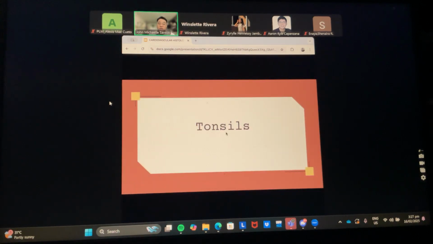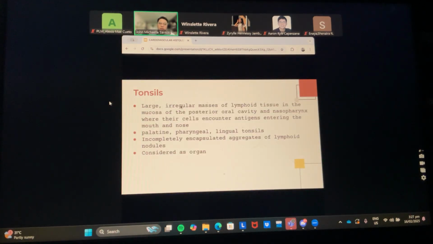And then you also have your tonsils. Your tonsils are irregular masses of lymphoid tissue in the mucosa of your oral cavity. So kapag tinitignan mo yung pasyente, pinabuka mo yung bunganga niya, yung dalawang malaking structure doon sa baba ng ngala-ngala, yun yung tonsils mo.